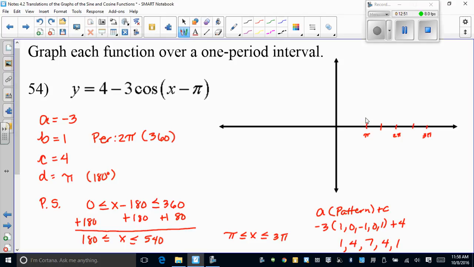So I need to put my points here. And I'm going all the way up to 7. So 1, 2, 3, 4, 5, 6, and 7. I'm going to go ahead and draw that dotted line in at 4.